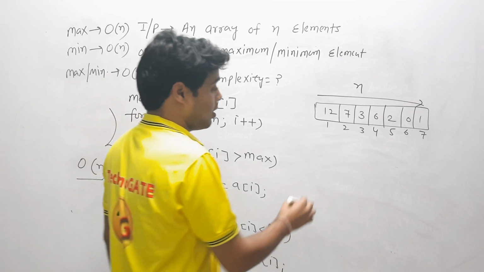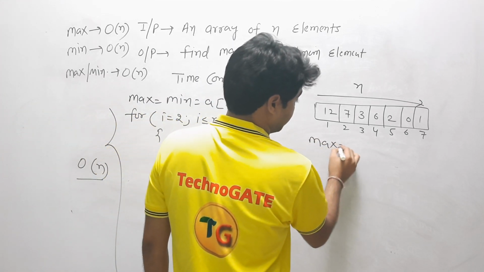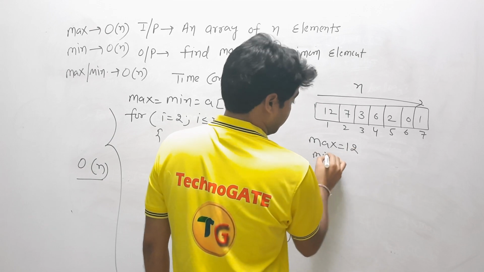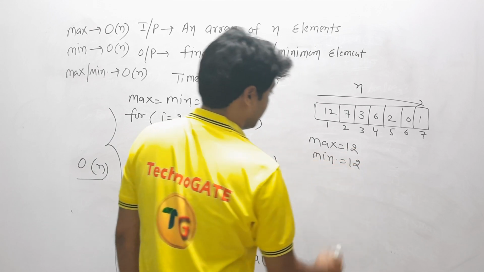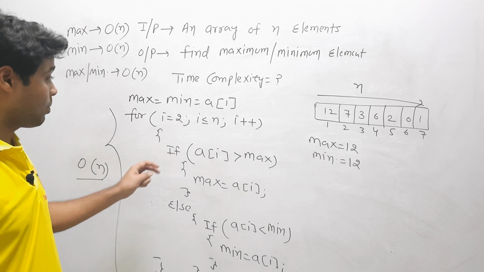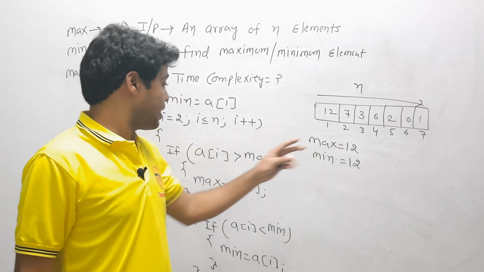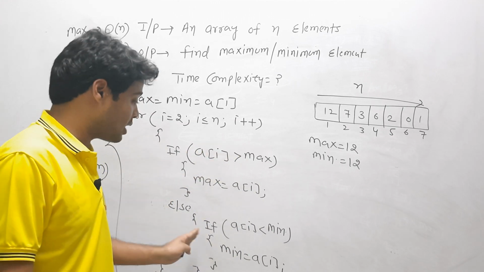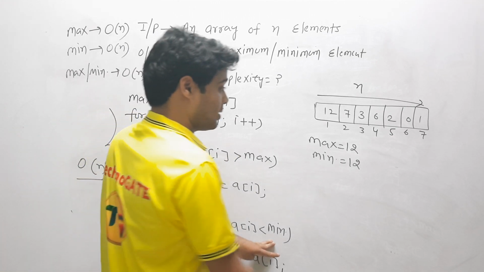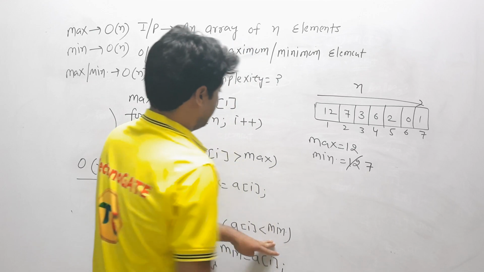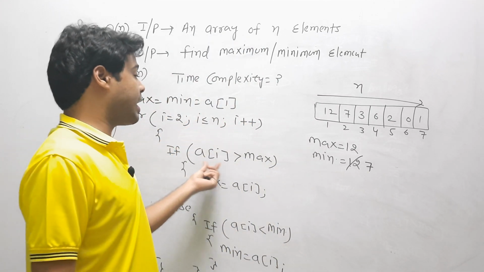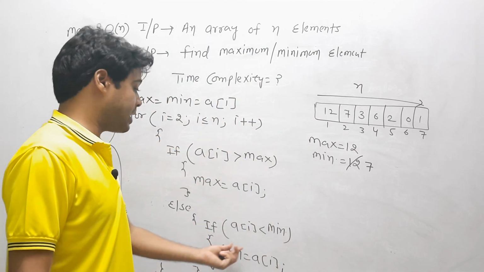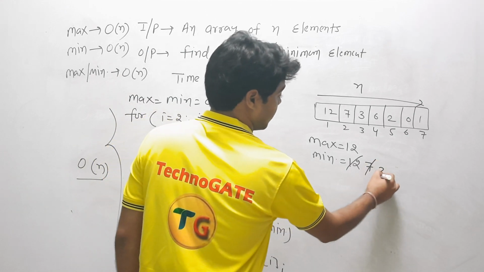Let's check. Max is 12 and minimum is 12. Now 7: is 7 greater than maximum? No. The condition is false, so in the else part, 7 less than minimum? Yes, update minimum. Again in the for loop, 3 greater than maximum? No, but 3 is less than minimum, so it is 3.